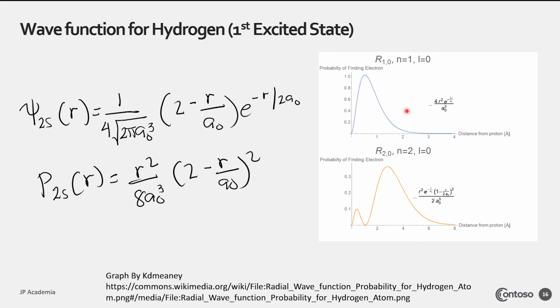The peak for the 1s state is at the Bohr radius a naught, somewhere here, while for the 2s state, shown below, it is around 5 times the Bohr radius a naught. There is an overlap in the probability of both states as well.